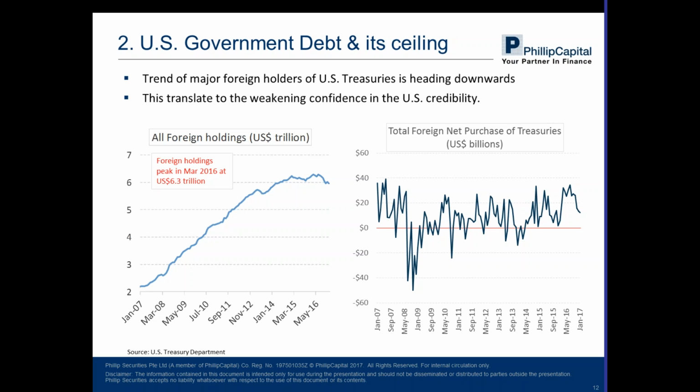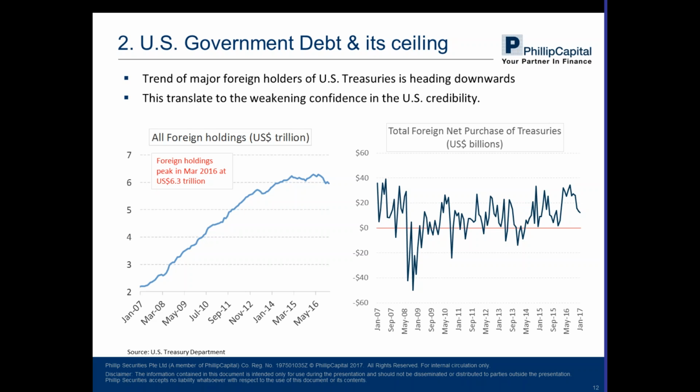This is the first time we're actually seeing major foreign holders of U.S. Treasury heading downwards. This also implies to us that some of these foreign sovereigns and governments are having little or weakening confidence in the U.S. credibility, and therefore they've chosen not to purchase as much of the U.S. Treasury.